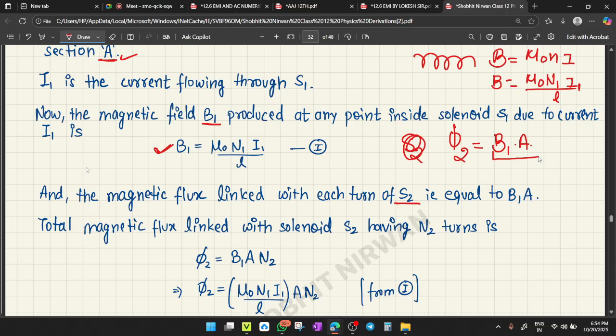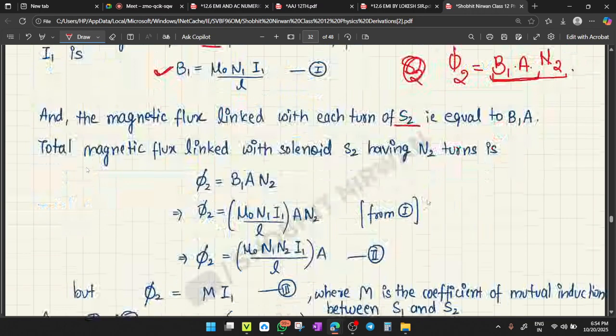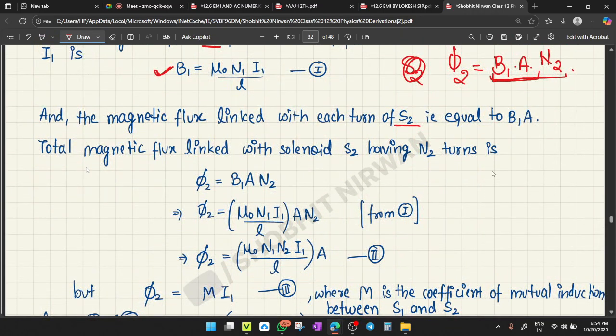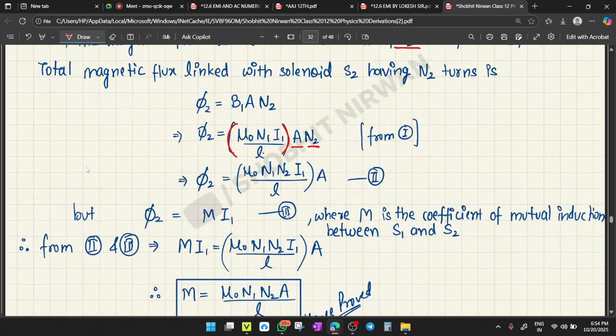This is the magnetic flux for one turn. As coil 2 has total N2 turns, the total flux equals B1 into A into N2. So phi equals, placing the value of B1, mu naught N1 I1 upon L, where L is the length, multiplied by area A into N2. Clear or not? Now phi 2 equals mu naught N1 N2 I1 A upon L.